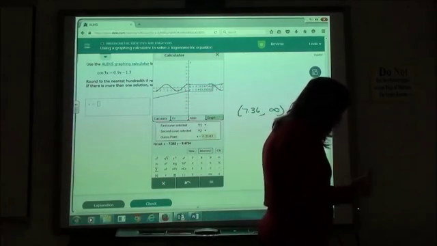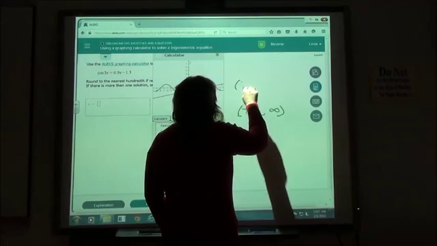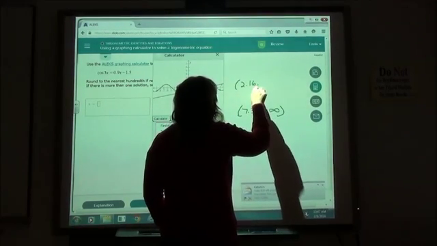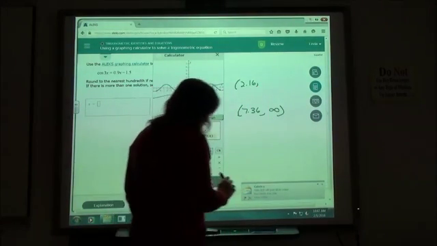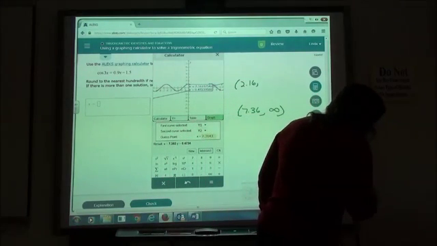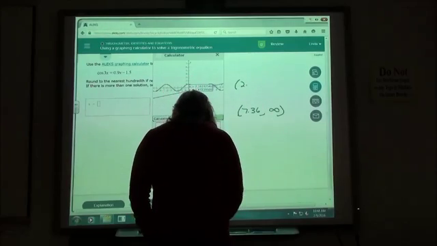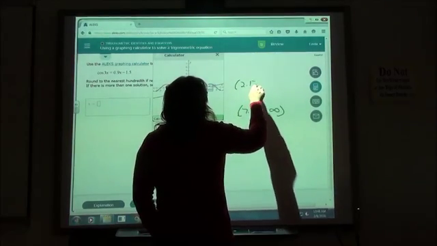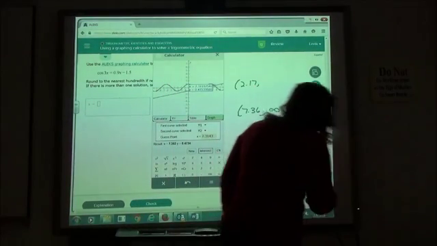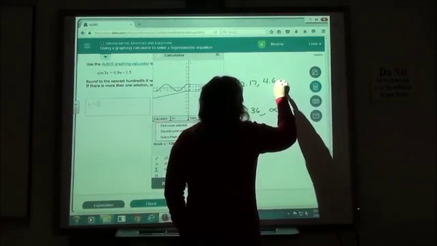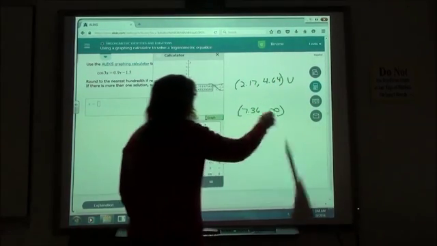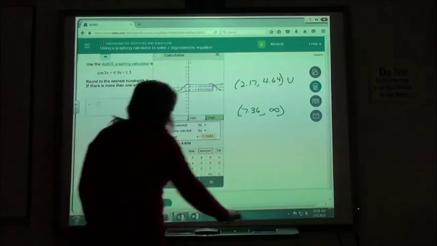So again, I'm going to have 2.17 to 4.64, union, and then 7.36 to infinity.